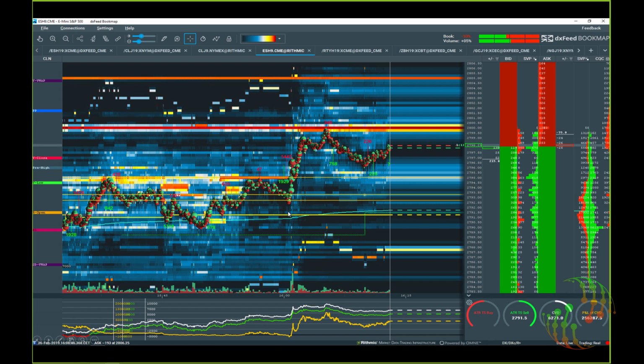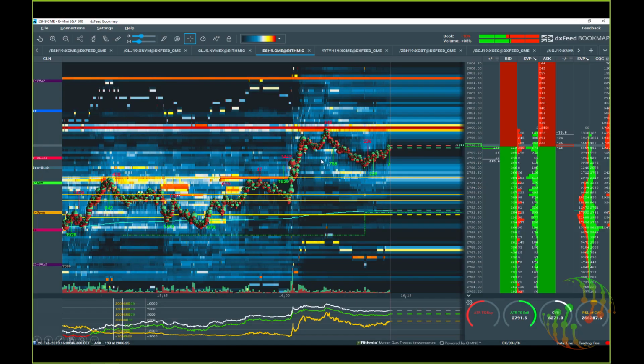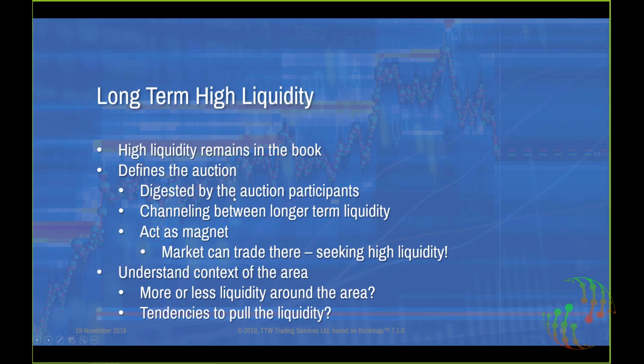And maybe some of the market participants, the big guys, not we, not us, but the big guys, want to be hit here. Who knows what intentions they have, but they want to be hit here. Absolutely. So going back, this is long-term liquidity. Channeling between long-term liquidity acts as a magnet.